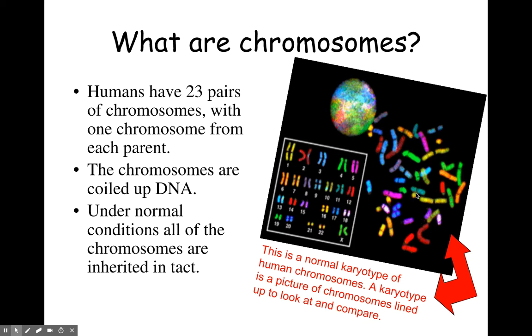Remember, a karyotype is a picture of chromosomes, and we, as humans, line them all up and number them. So these are pairs 1 through 22, and this last set down here are the sex chromosomes, X and Y. Not all organisms have 23 pairs of chromosomes. That's just people.